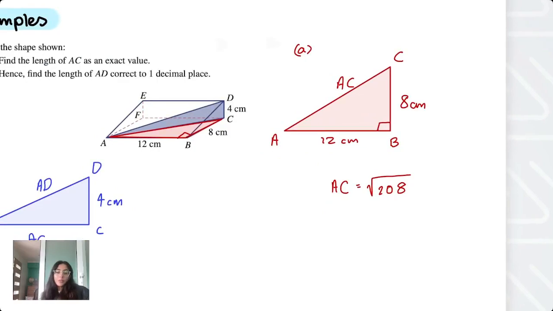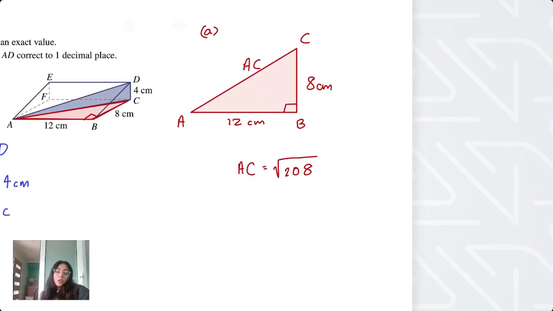Now, remember, simplifying surds. Guys, you will be getting tested on this at school. I have already taught it to you, though. So please make sure that you are remembering how to do this stuff, but I will go over it again. Simplifying surds is essentially just understanding a few really important things.